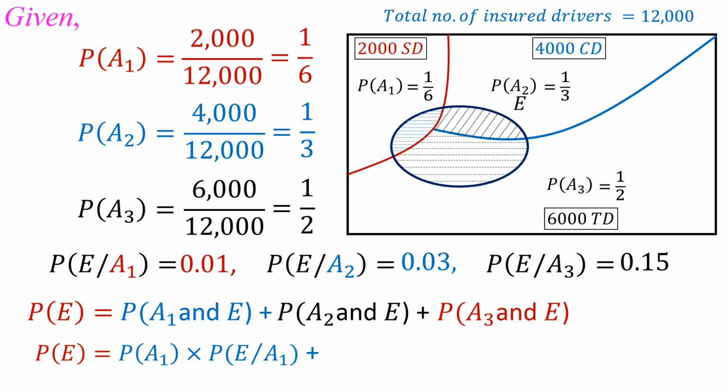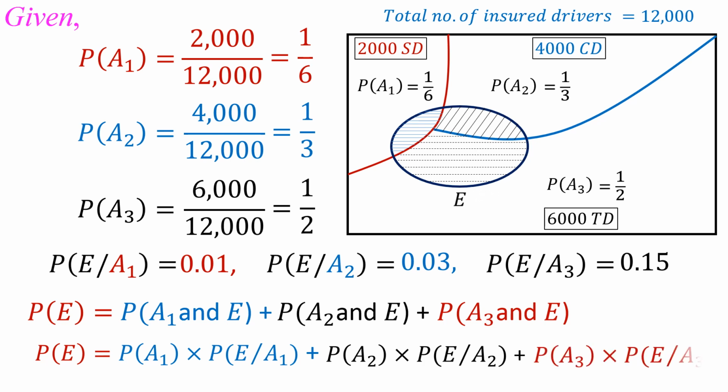And so we write the formula like this: probability of A1 times probability of accident given that he is a scooter driver. This is also called the multiplication rule. If you want to multiply, we have to do it like this. On the same basis, we can write probability of A2 times probability of accident given that he is a car driver, and similarly we have written this one.